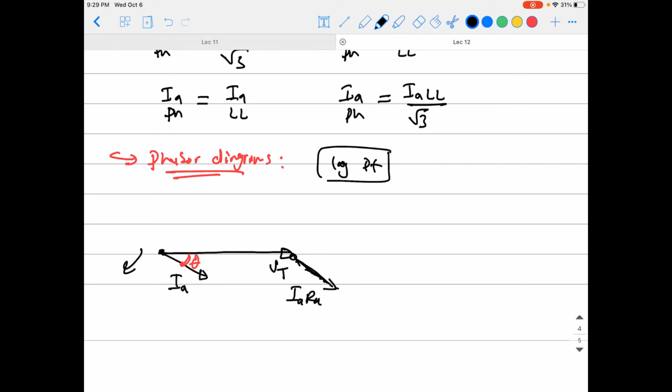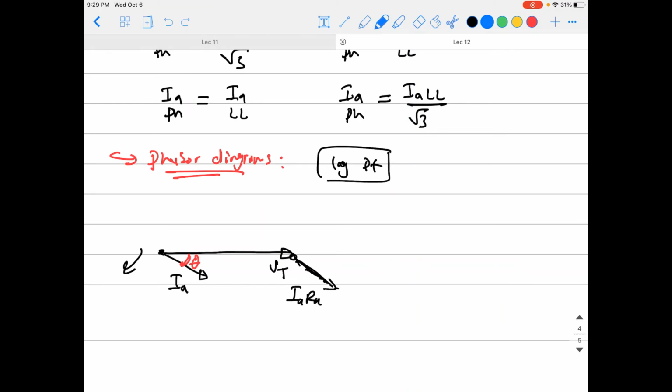So that is how we add those two phasors together, V terminal added to IARA. But because they have different angles, we will just add them graphically using the phasor diagram.